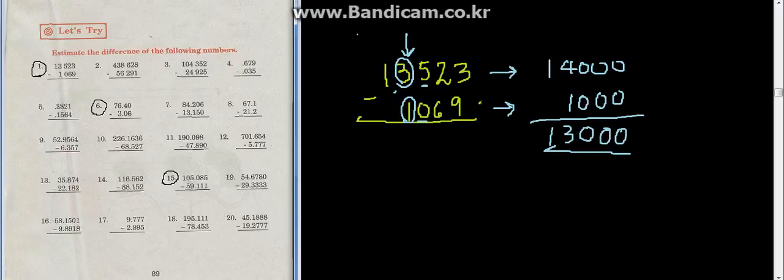That's the estimated difference. How about the actual, computed difference? Although you don't have to do this part in the program, I'll just show you how much more complicated it is to compute the actual difference. Here we have a 3 and a 9. 3 is smaller than 9, so 3 borrows a 10 from the 2. So we have 13 minus 9, 4. Then the 2, since it let the 3 borrow the 10 from it, is now a 1.